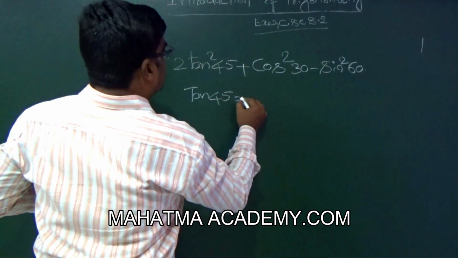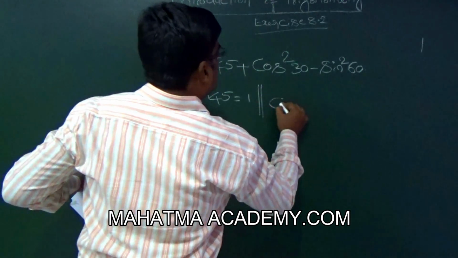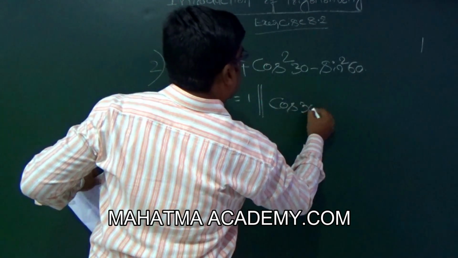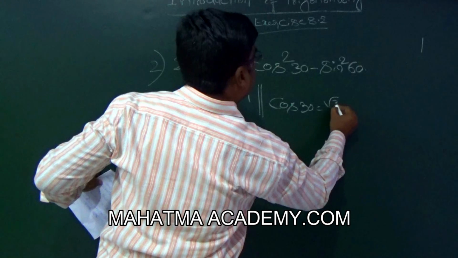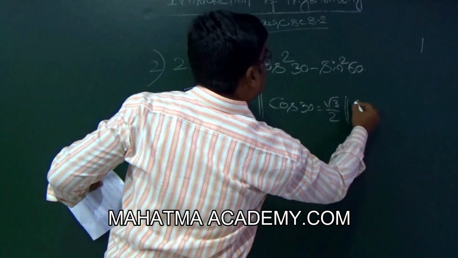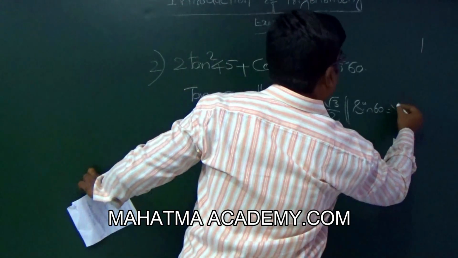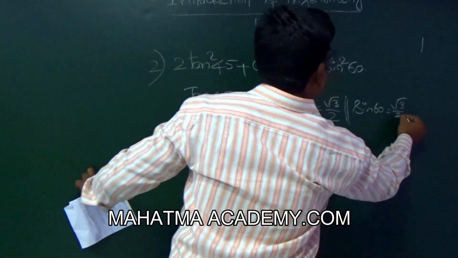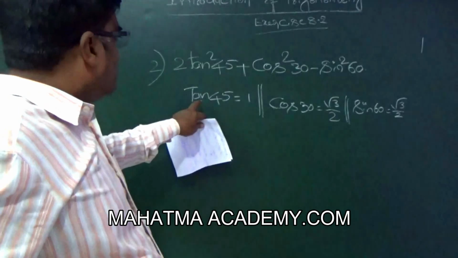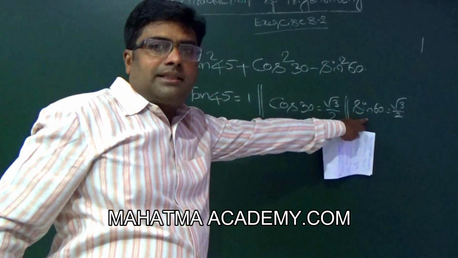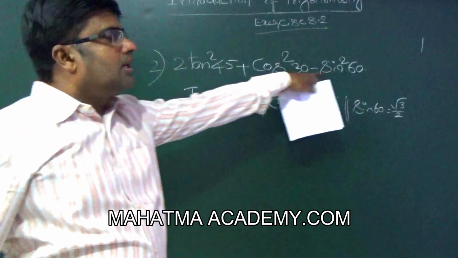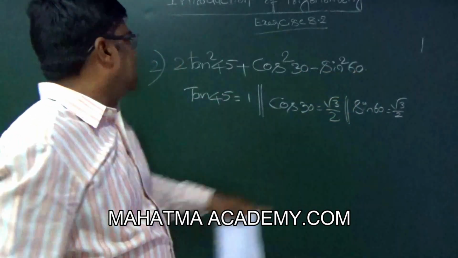Tan 45 equal to 1. Cos 30 equal to root 3 upon 2, sin 60 equal to root 3 upon 2. Substitute tan 45, cos 30, sin 60 values in this equation. So the result we will get.